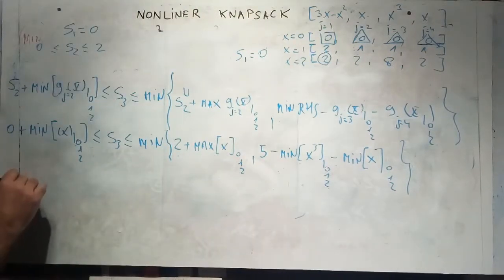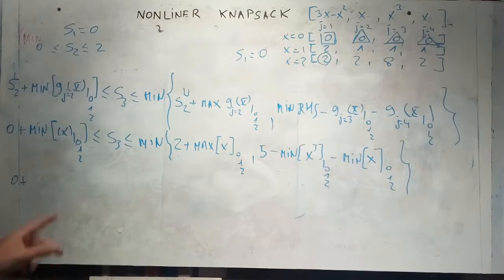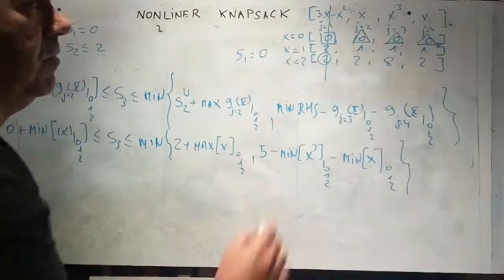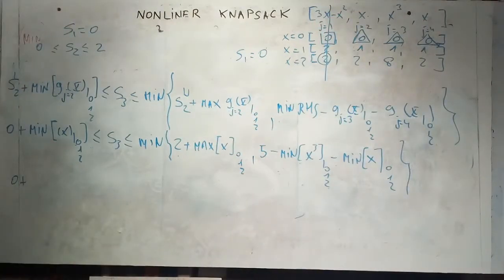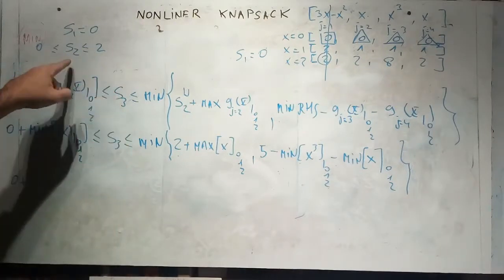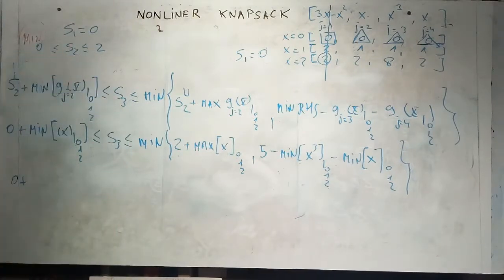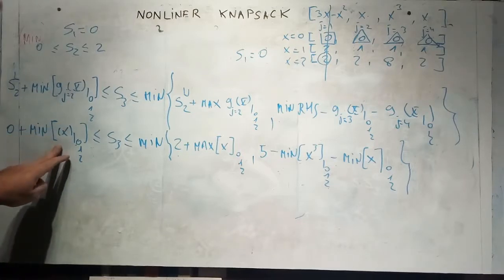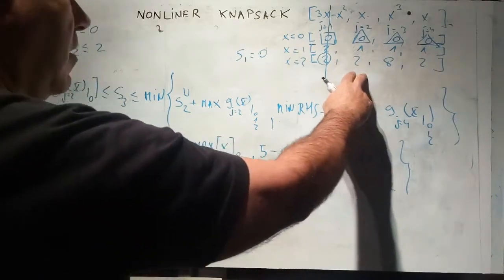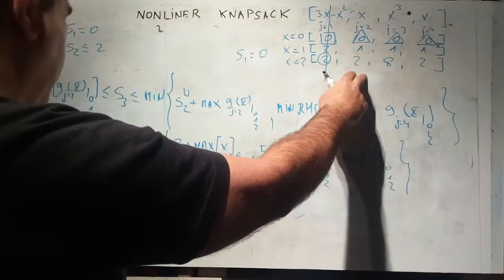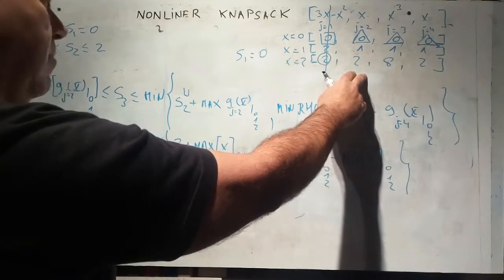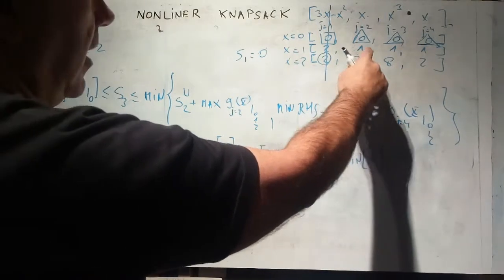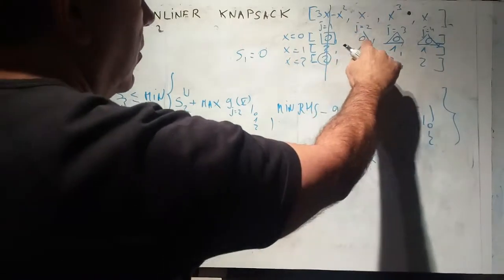So 0 plus the minimum. Now forget about this column because we have wasted this column for calculating S2. The minimum of x2 of the stage 2 between the values of x being 0, 1, 2, the minimum again is this 0.